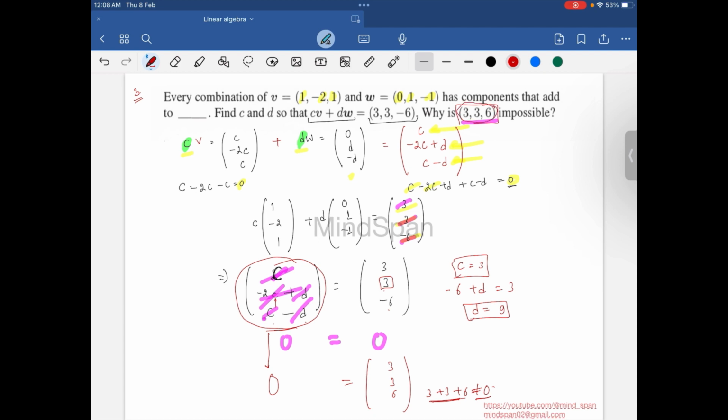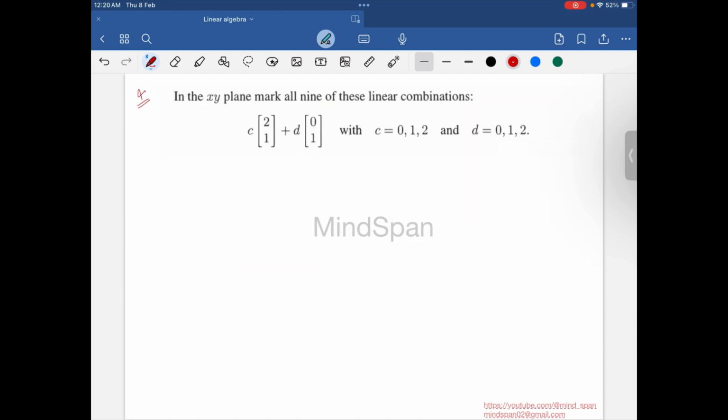So this vector will be outside the plane that is spanned by the linear combination of this v and w. I think that is all about this question number 3. Now let's move to the next question. So this was the 4th question of your homework, so let's look at this.